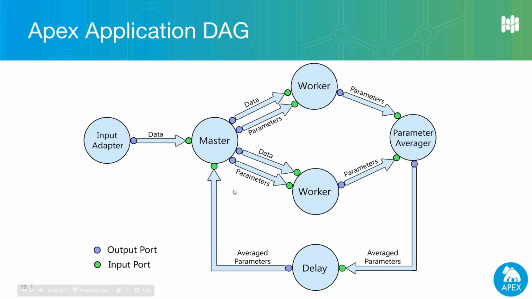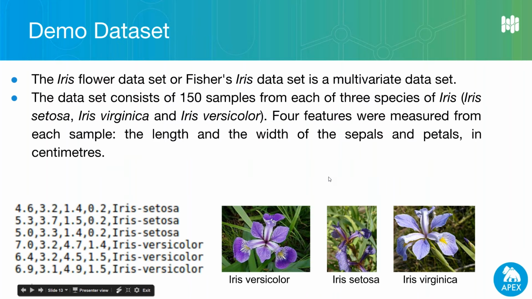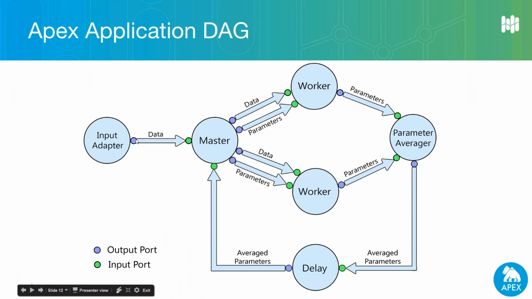DAG stands for Directed Acyclic Graph, where the nodes are the processing units. We call them operators in Apex terminology. All these round circles you see are the operators, where all the processing actually happens, and these operators are connected by edges, which carry data from one operator to another.